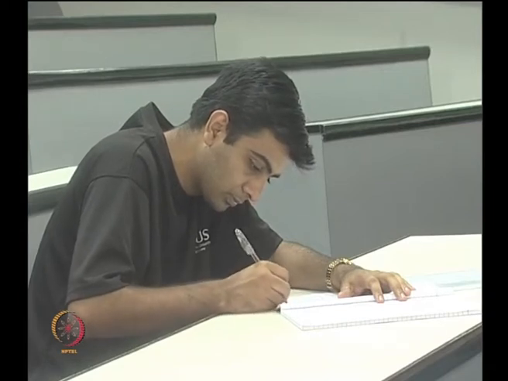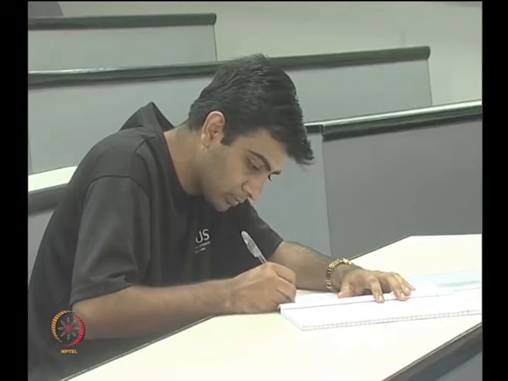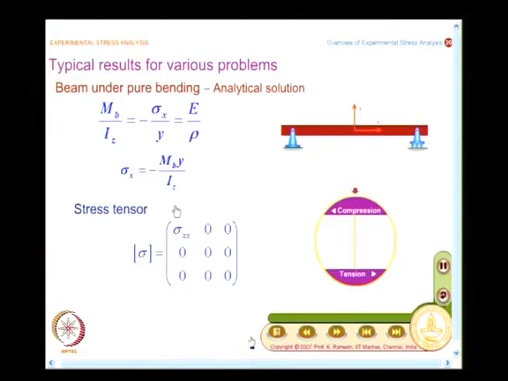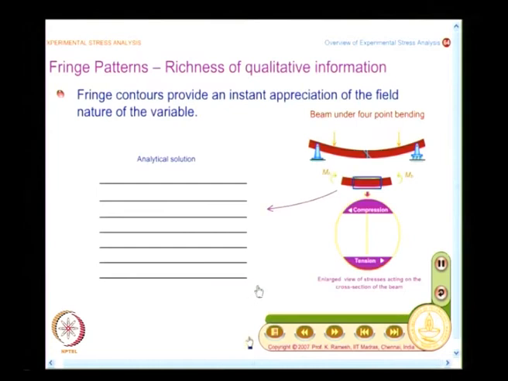This is fairly straightforward, because if you know how to plot contours, then you will know how to interpret the experimental results, because you need to have a visual appreciation of the variable over the domain. And if you have done that, I will show you. Some of you must have done it already.